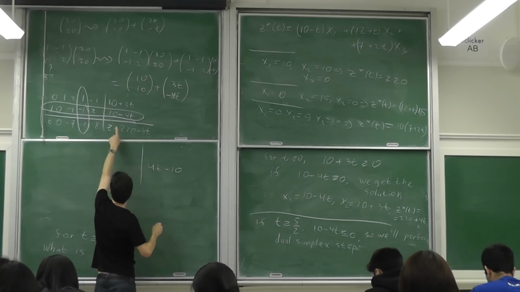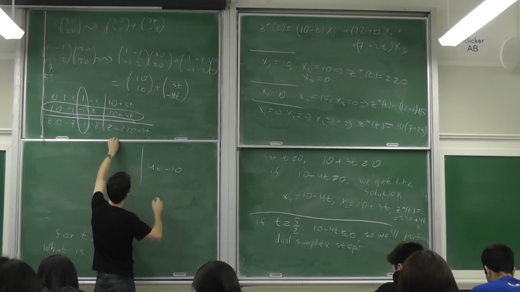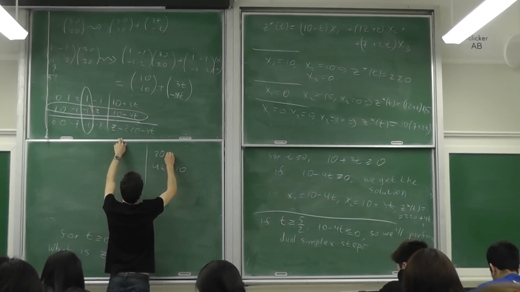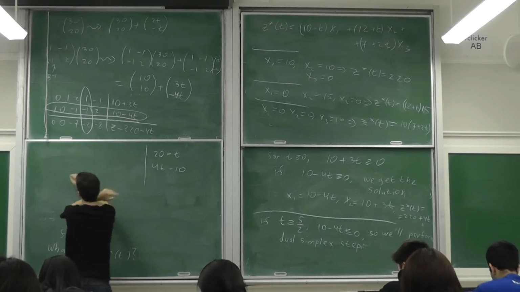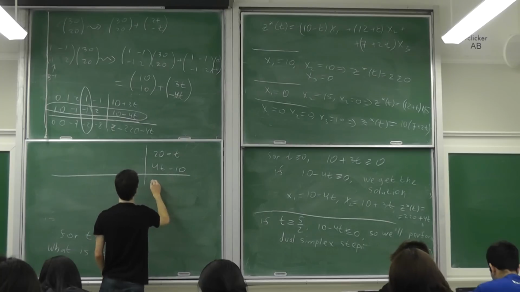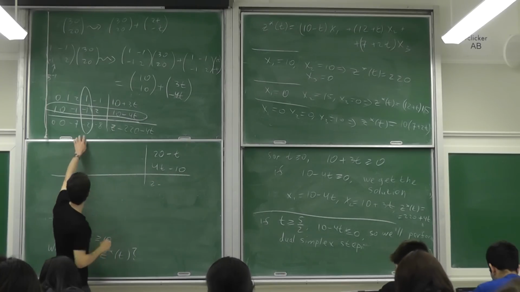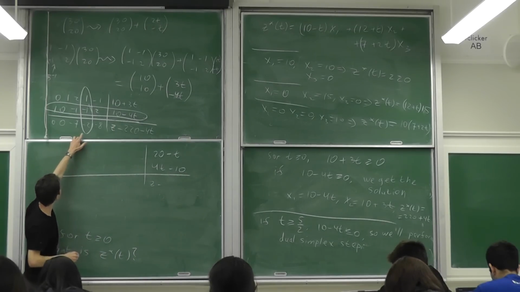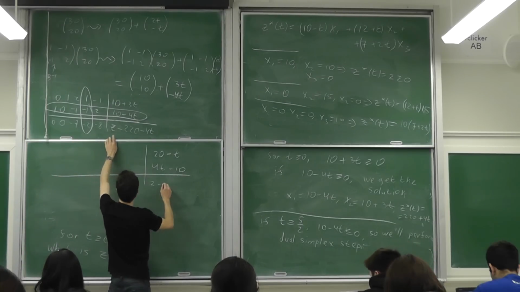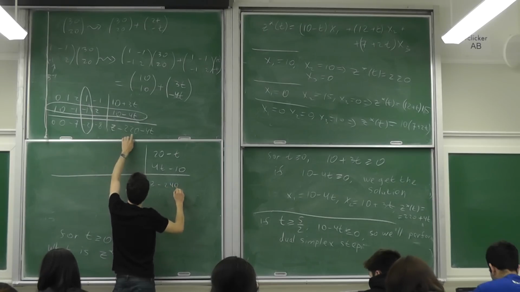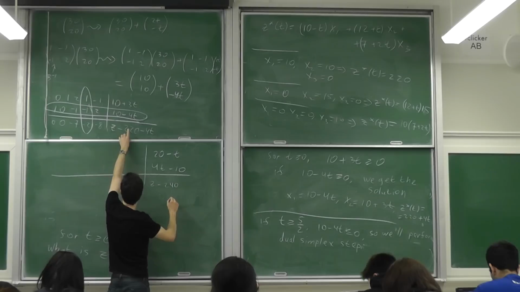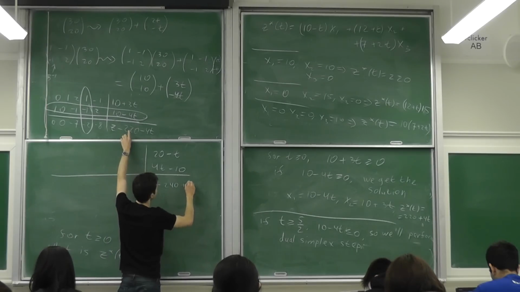I add the second row to the first one, and get 20 minus t. I'll get here z, so I'll take the second row and subtract 2 times the second row from the third one. So z is 240 minus 40t, plus 4t.